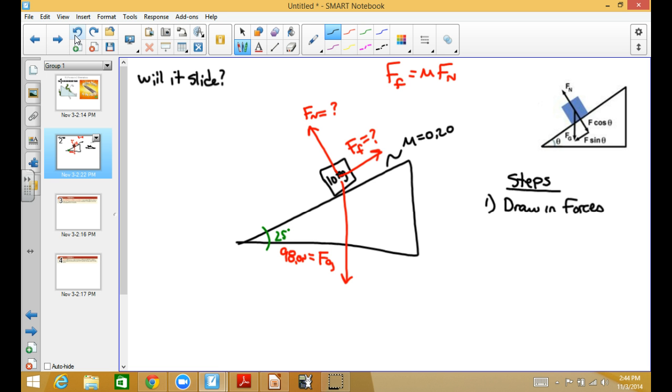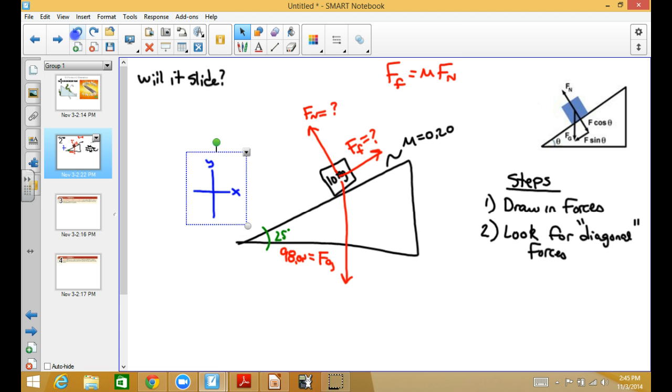So thing number two, when we're doing this, we look for diagonal forces. Now, we talked about diagonal forces back in 5.1, and normally we think of left and right as being horizontal, and up and down to be vertical, x and y. So when we apply it to our problem, we've got two diagonal forces.